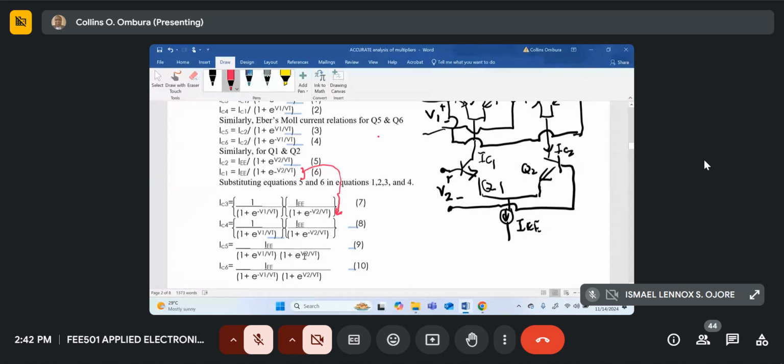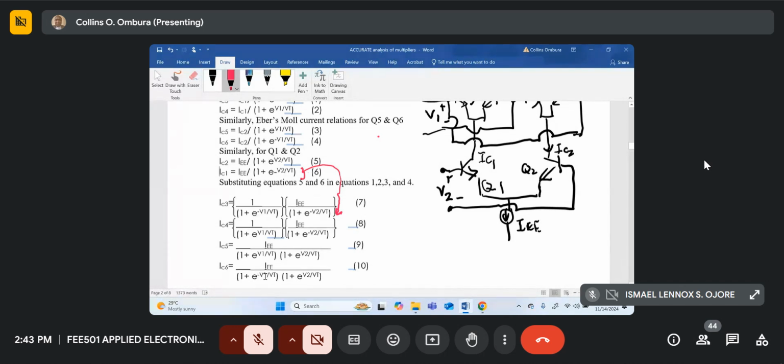Substitute this term. And then IC6 is equation 4, is IC2 divided by 1 plus e to the minus V1 by Vt. So that's the first term over here of 10. This is the first term of 10 over here.